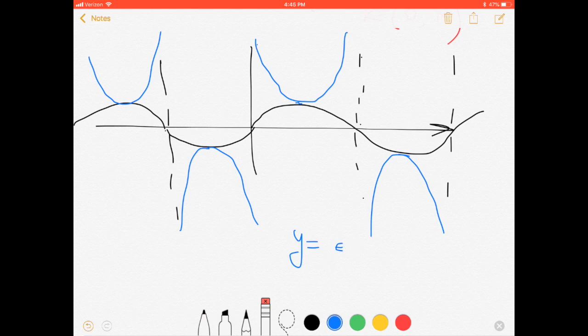What did I write, cosecant, sorry. Okay. y equals cosecant x.